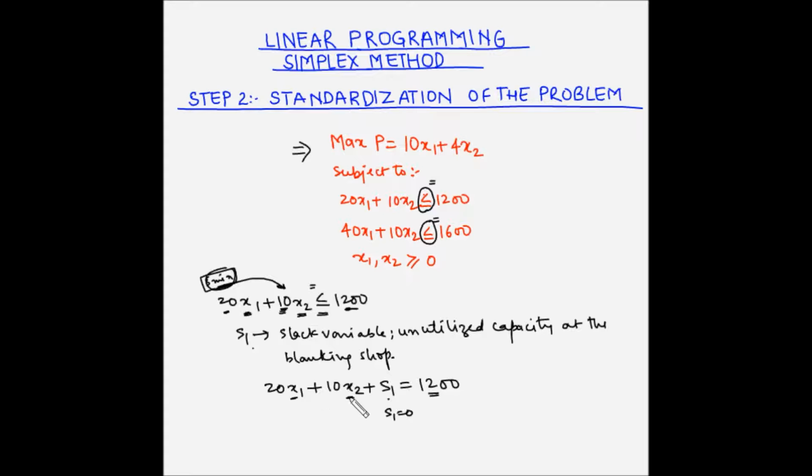That means x1 and x2 are 0. So then S1 becomes equal to 1200, which means that all the capacity in the blanking shop is unutilized because there is no production currently happening in the blanking shop. So basically S1 can range between 0 and 1200. So here S1 is greater than or equal to 0.